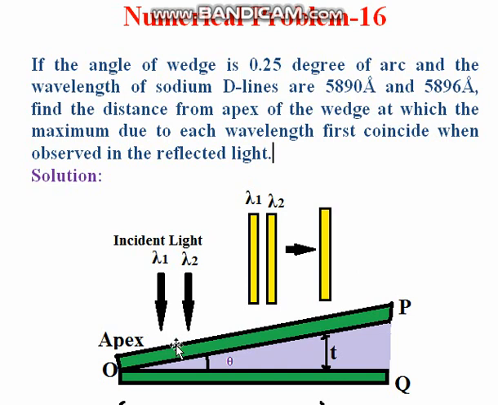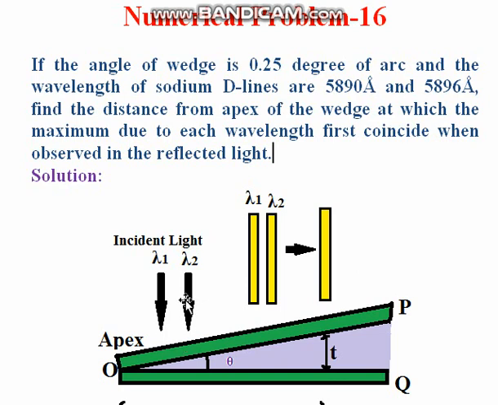They overlap each other, so at some places some order of fringes will overlap another order of fringes due to the other wavelength. Such overlapping may be possible in such a case.